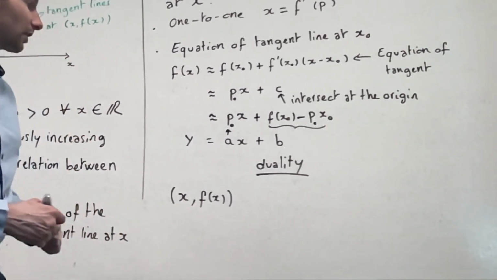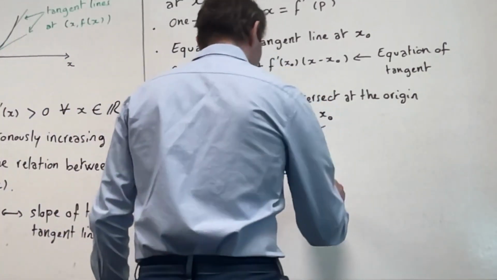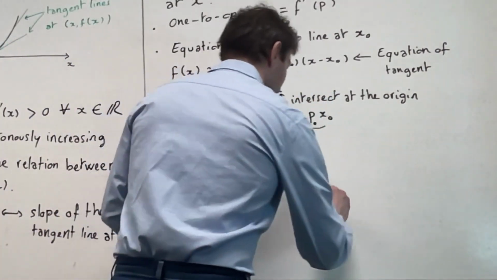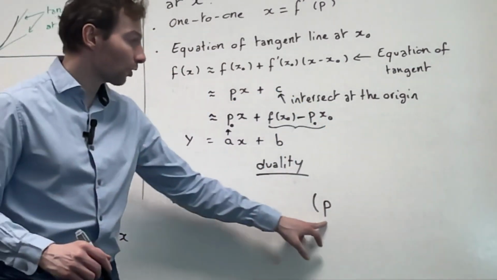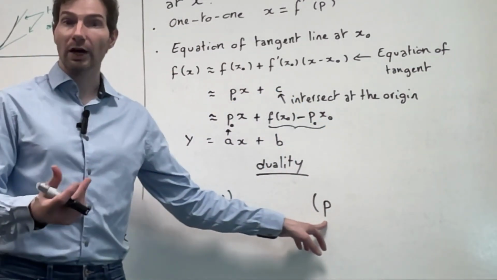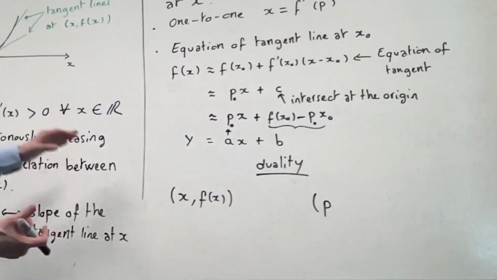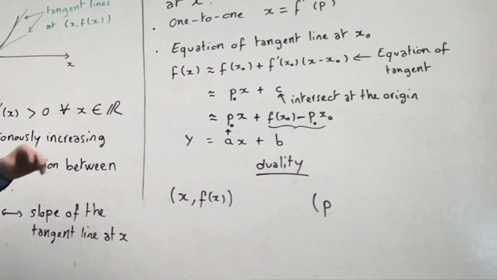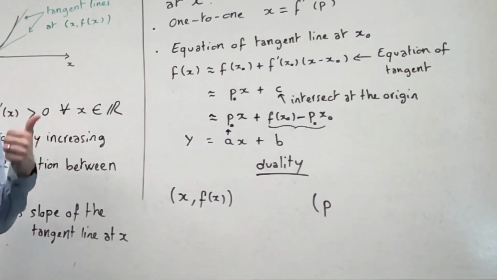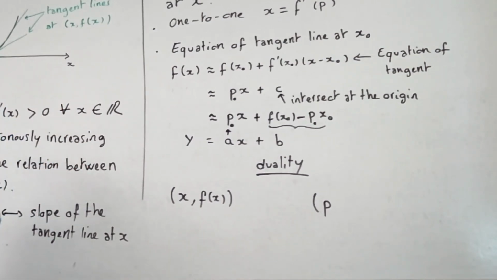And the other one that you can actually put forward is you give the slope. Okay, you can give the slope p of your line at a given x. Okay, so you give the slope, but the slope is not enough. You need to know the equation of the full line. But the equation of the full line is going to be characterized by two things: the slope and the intersect at the origin.